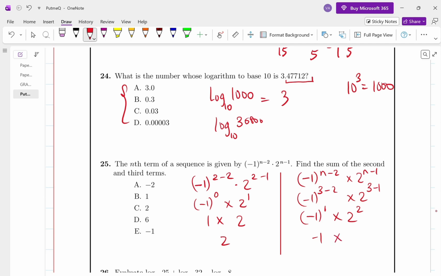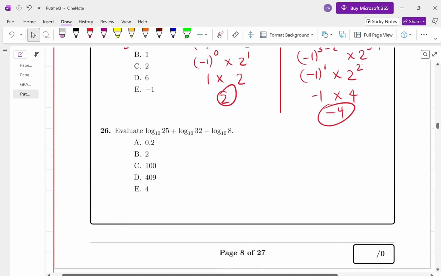Times 2 to the power of 2, that's 4. -1 times 4 is -4. So it says, what is the sum of this? 2 plus -4 is -2. Or you could say 2 minus 4 is -2. So that's what we have.